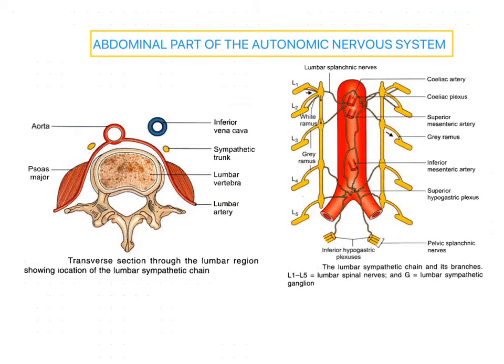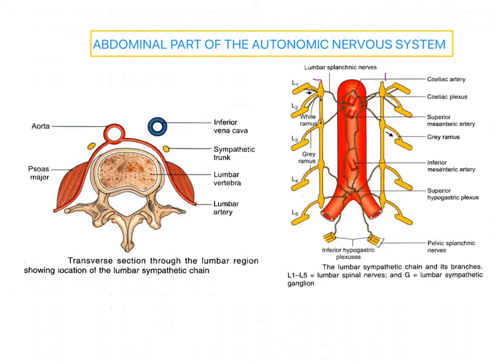One is the lumbar sympathetic trunk. So these are the lumbar sympathetic trunks, which supply somatic branches to the lower abdominal wall and the lower limb. We have studied the lumbar plexus, isn't it? Those are coming from this lumbar sympathetic trunk only.